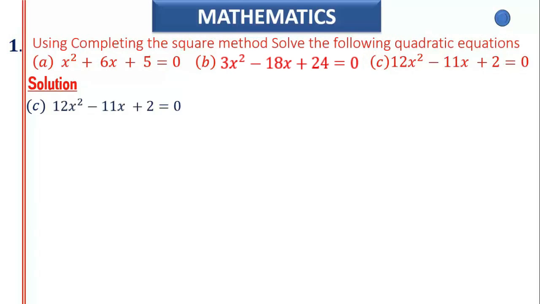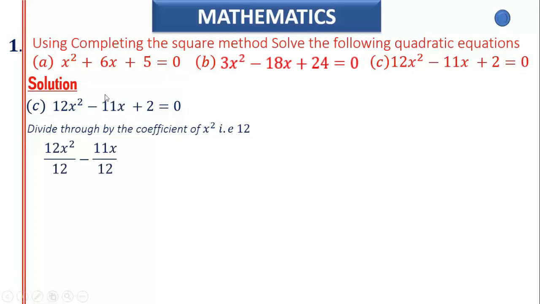12x^2 - 11x + 2 = 0. As usual, you divide through by the coefficient of x^2, which is 12 in this case. We have 12x^2 divided by 12. Let's do it one after the other. 12 cancels 12, that's 1.